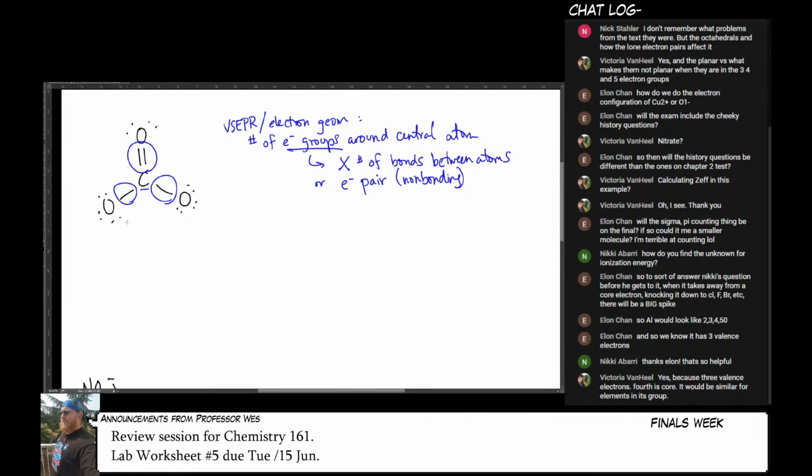So in this case, we have 3 electron groups. And of those 3 that I have circled, none of them are non-bonding electron pairs. So what we do now is we go to that geometry table, which was on a previous slide, and hopefully you have that bookmarked or saved. I know that there's a copy of it in the Discord. And you just look up the shape. So for 3 electron groups, the VSEPR geometry would be trigonal planar.